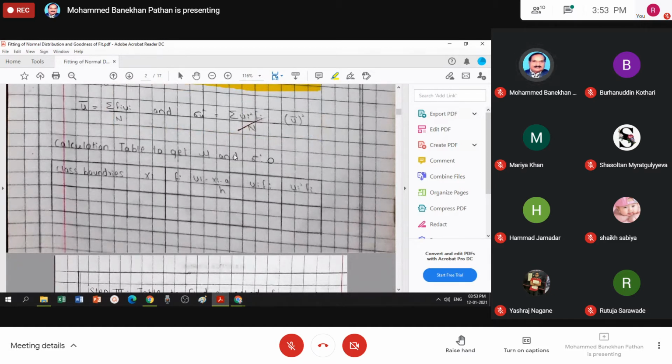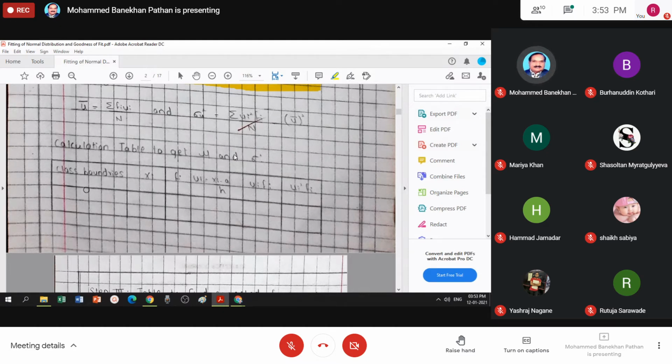How do we do that? Column number 1, class boundaries. Column number 2, midpoints. Column number 3, frequencies. Column number 4, new variable u_i, written as (x_i minus a) upon h. Then I write u_i f_i, which I need here, and u_i square f_i, which I require here.